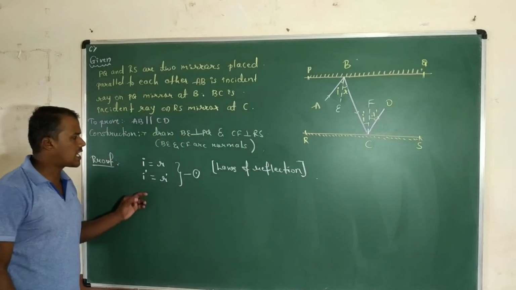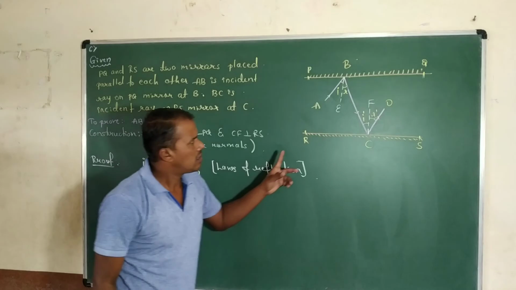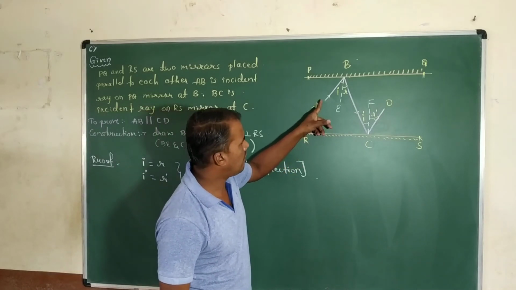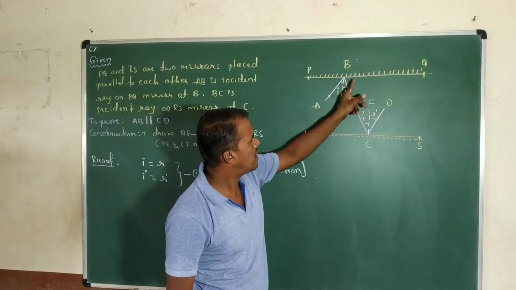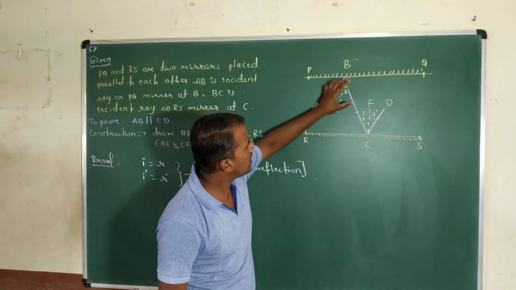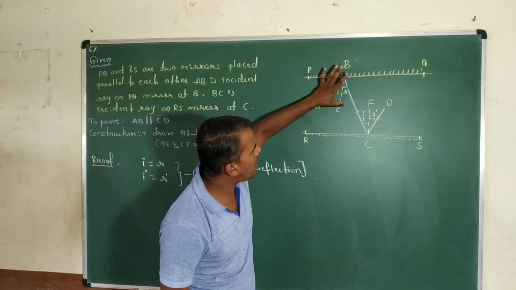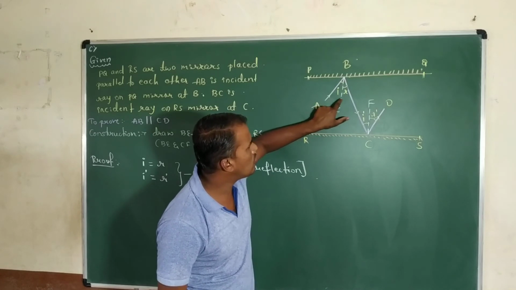Laws of reflection explain that if a line strikes a mirror and gets reflected, then the incident angle and reflected angle are equal to each other.